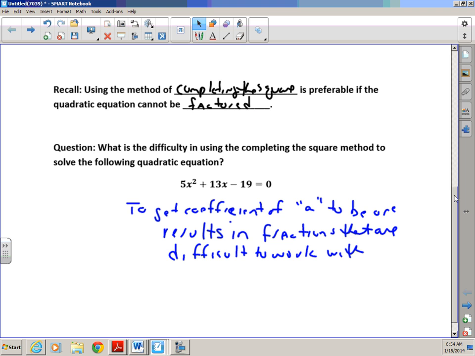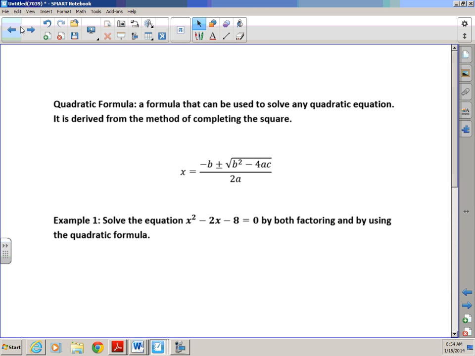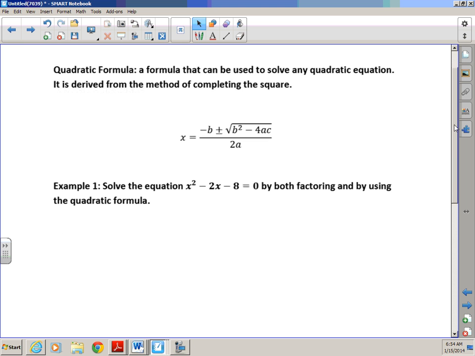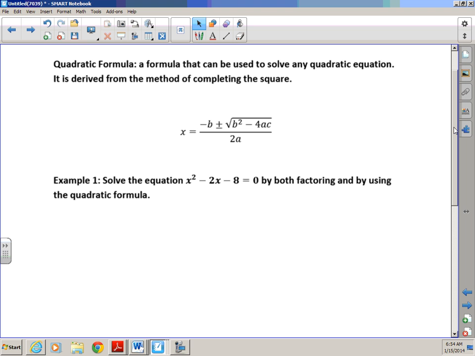So there is another method to solve these types of quadratic equations, and the method is a derivation of the completing the square method. I'm not going to walk through how this formula is derived, okay? But this is what's called a quadratic formula.